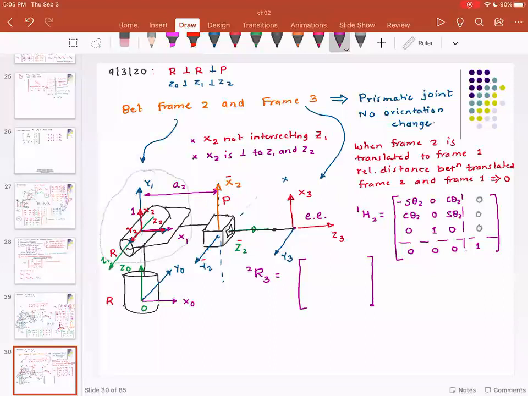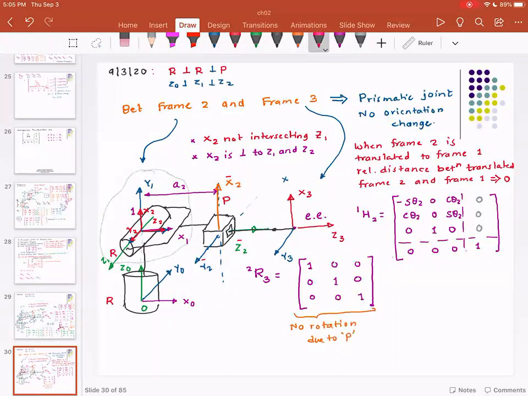It's just a prismatic joint. And that means your rotation matrix is going to be identity. Since it's a prismatic joint, no rotation due to P, which means there is no R, just P.